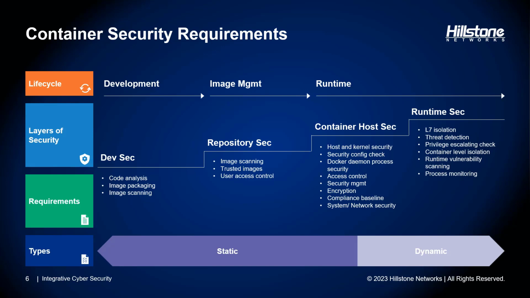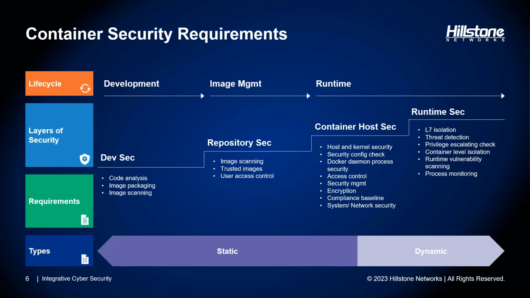Now, in order for container security to be able to tackle all the challenges listed in the previous slides and be able to fit into the lifecycle stages, we have this graphic, a master template of sorts, and we like to adhere to it. Towards the left, which is earlier in the lifecycle, there are more static approaches we can take.